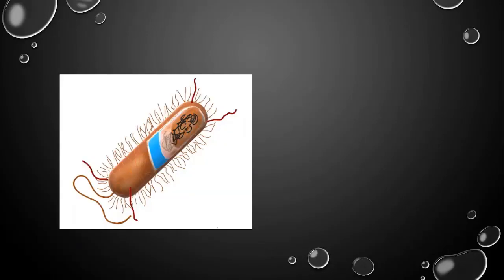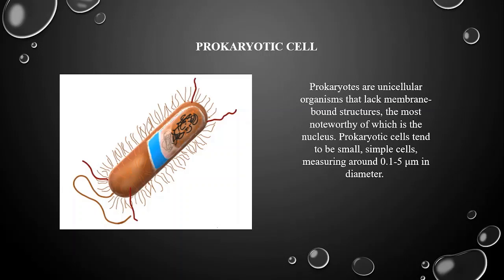Let's have a discussion regarding the prokaryotic cell. So what is this prokaryotic cell? How can we define a prokaryotic cell? Prokaryotes are unicellular organisms that lack membrane-bound structures, the most noteworthy of which is the nucleus. Prokaryotic cells tend to be small, simple cells measuring around 0.1 to 5 micrometers in diameter.